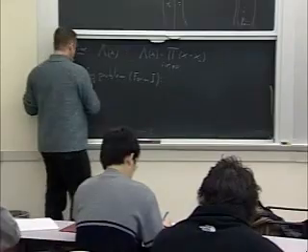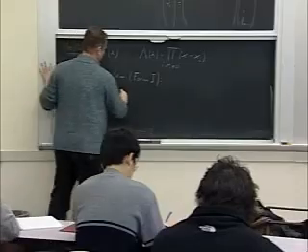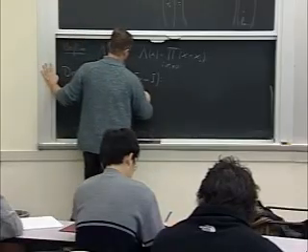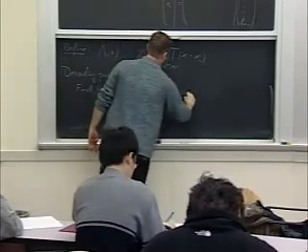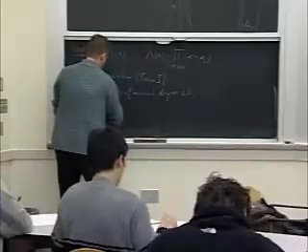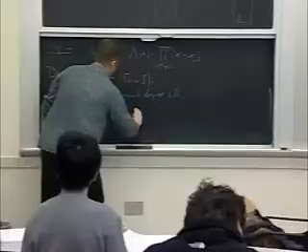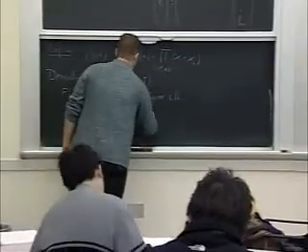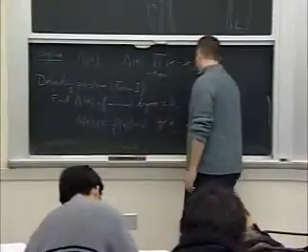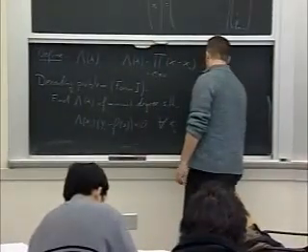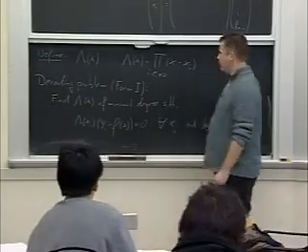Decoding problem 1 is: find lambda of x of minimal degree such that lambda of xi is 0 for all xi and degree f less than k.